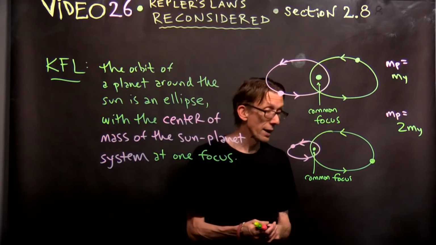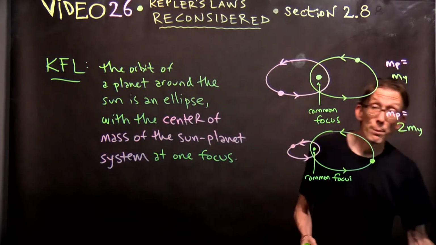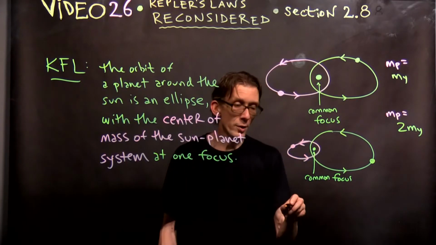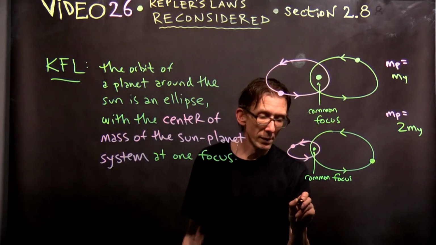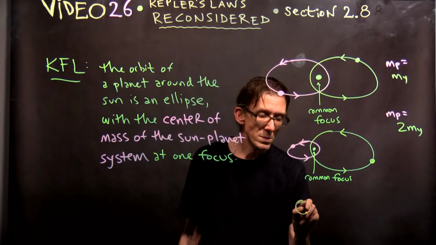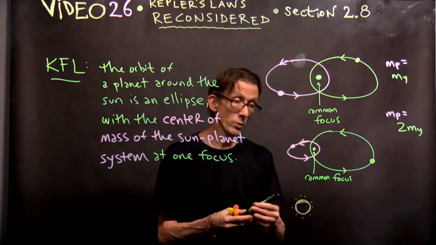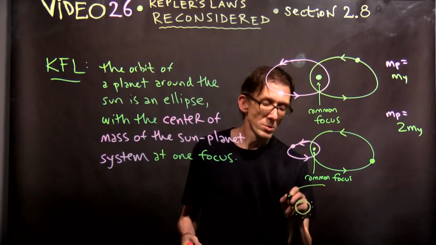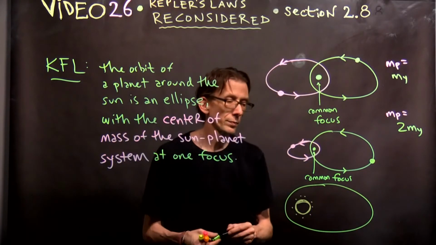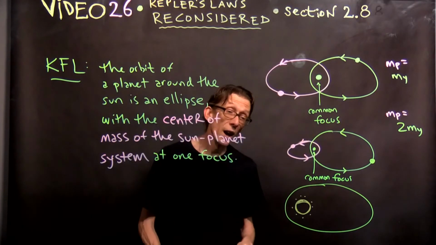How about if we had the sun and a planet, say Jupiter? So what if this is the sun? And around the sun was orbiting Jupiter. The sun would not stay still.